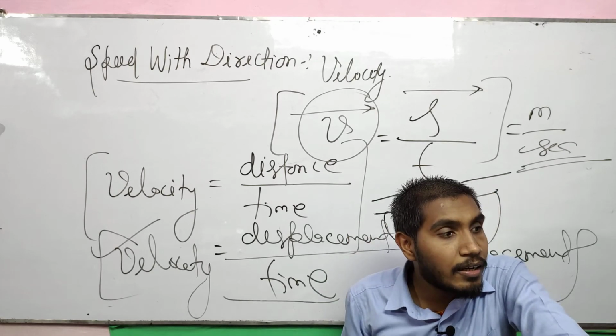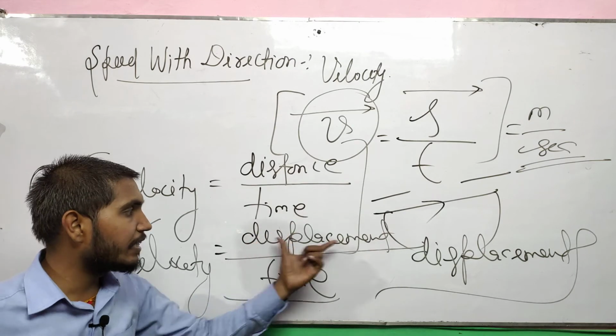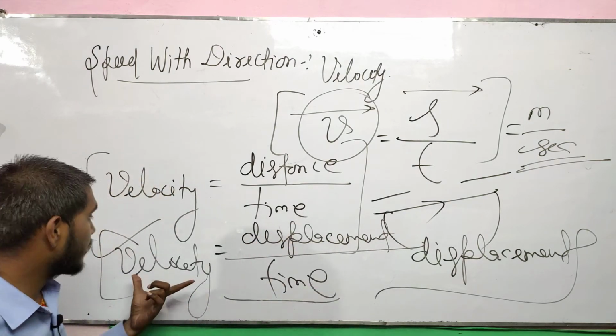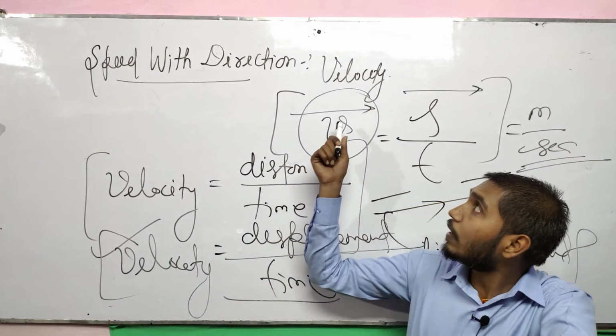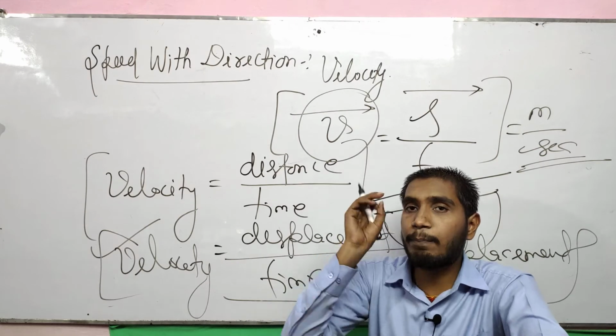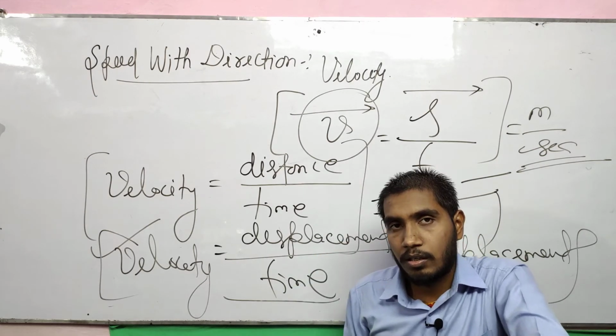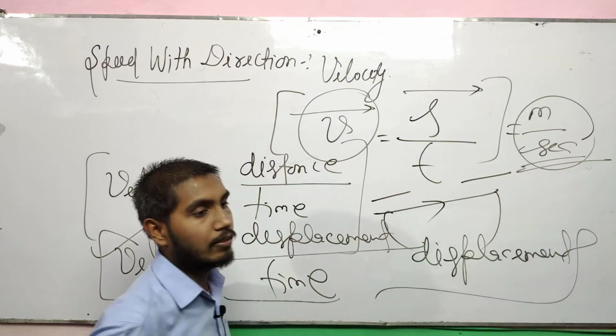Or you can say the displacement of an object per unit time is called velocity. Understood very well? This is the formula: V vector is equal to s vector by t. It is a vector quantity, with both direction and magnitude. Its unit is meter per second.